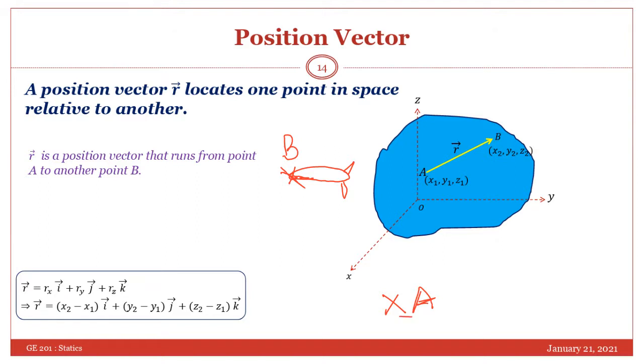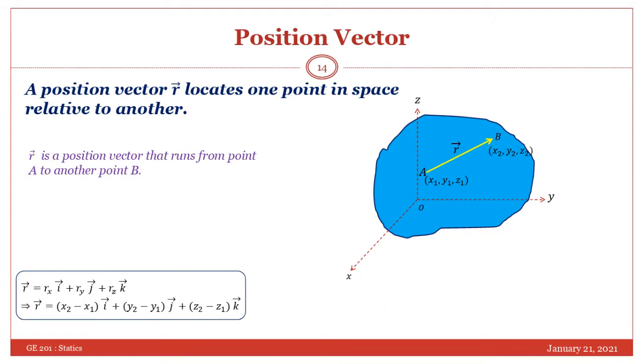So your location and this location can be joined together by an arrow. So this arrow will represent a vector that is called position vector.